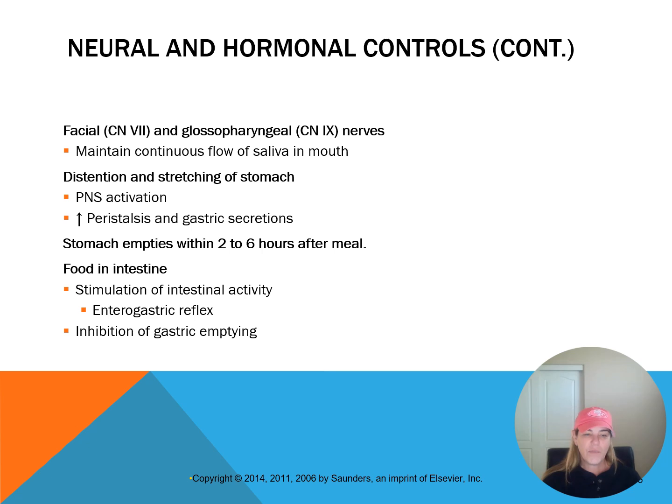So when the stomach is stretched, you will have an increase in activity in these nerves. So you'll have parasympathetic nerve stimulation when your stomach is stretched, saying that there's food in your stomach, and it tells them to increase the peristalsis and gastric secretions to get that food moving through your system.